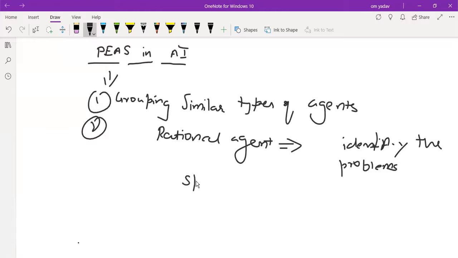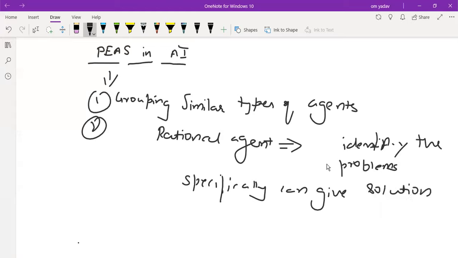It can give a solution to the identified problem, right? So PEAS is required for a rational agent, which can identify the problems, and specifically give the solution for that identified problem.